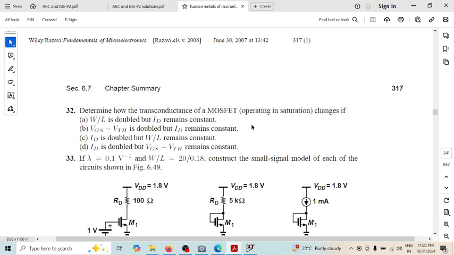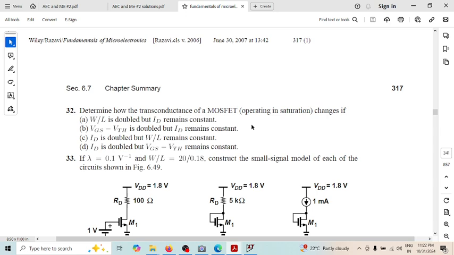In the first case, W by L is doubled, it is 2x, but ID remains constant. Now B, VGS minus VTH is doubled, 2x, but ID remains constant.